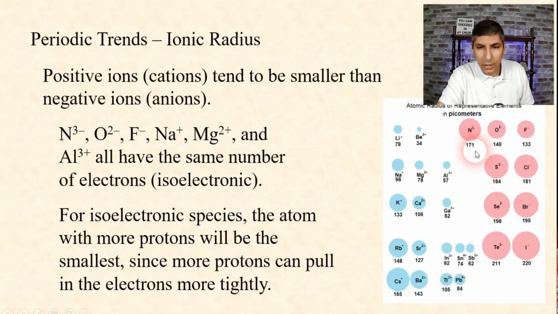And so that's why nitride is something like 3 times as large as the aluminum ion. So once again, generally speaking, the more negative an anion is, the larger it is, and the more positive a cation is, the smaller it's going to be, and that's ionic radius.